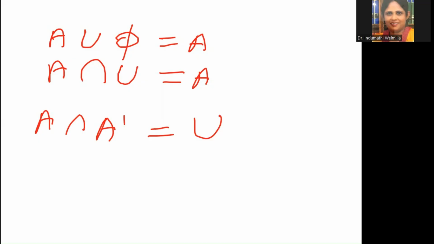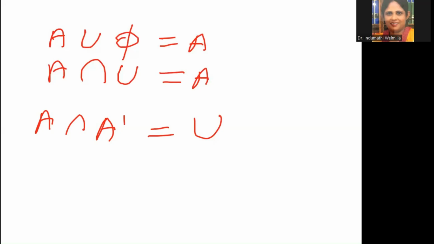Those things you have to know as the properties of sets, and in addition you should have clear knowledge of how to present all these things with the Venn diagram.